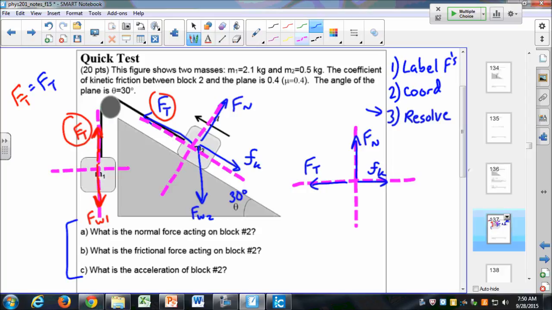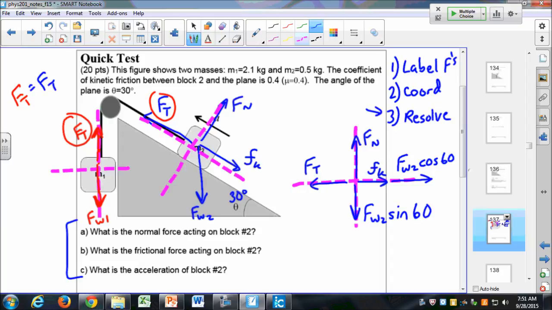All right, what's the x component of FW2? Cosine of 60, right. FW2 cosine of 60, and then the y component is sine of 60.